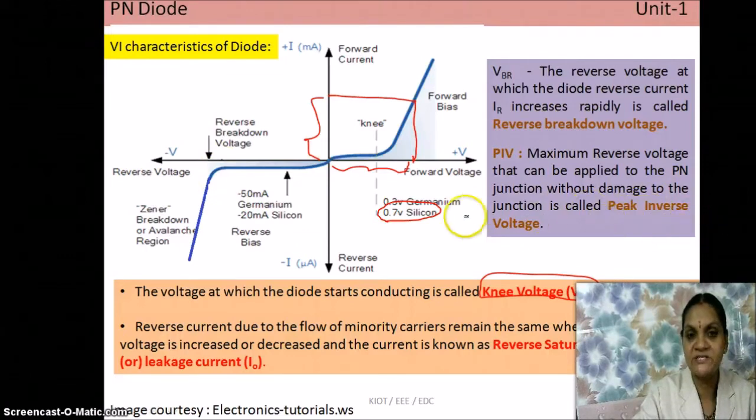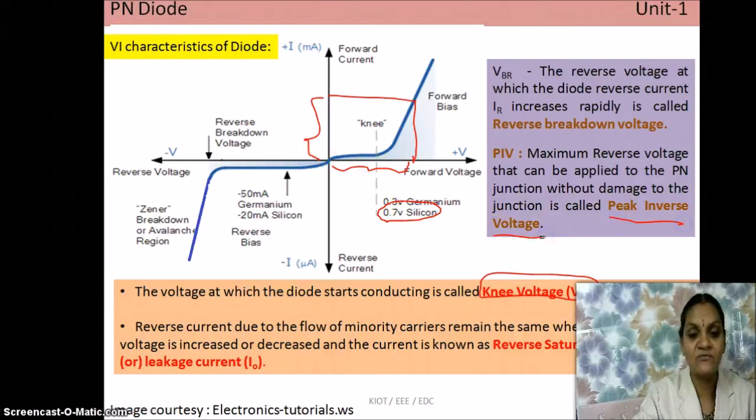Peak inverse voltage is the safe value of reverse voltage that can be applied to the diode without causing any damage to the diode. That voltage is called peak inverse voltage. The maximum reverse voltage that can be applied to the PN junction without damage to the junction is called peak inverse voltage. So we can increase the reverse voltage till the peak inverse value.